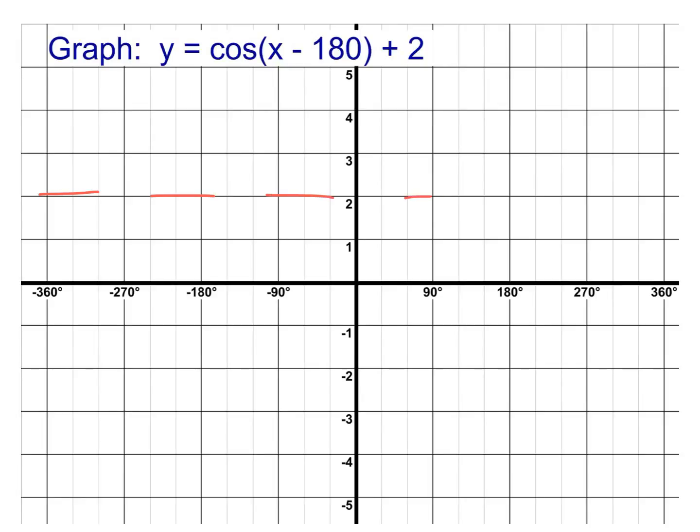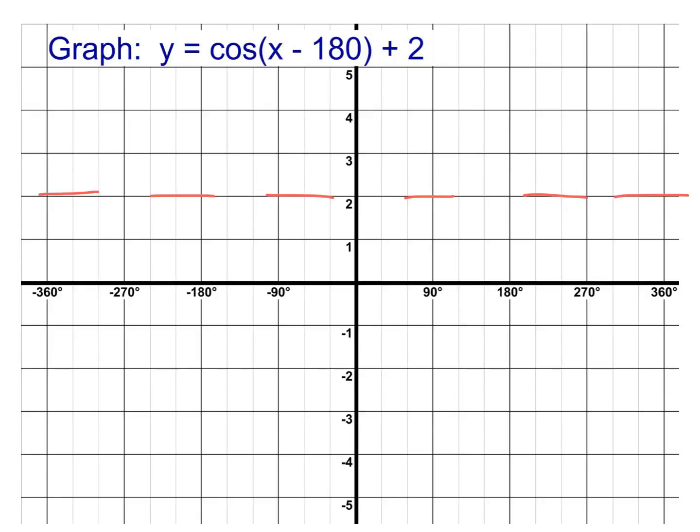So the first thing you do is draw in a dotted line up at 2. As you draw in these guidelines, make sure they are dotted or dashed, not solid, because solid means it is the graph. These are the points that are part of the graph. Dotted just means it's a guide. Now normally with a cosine graph, I would be going up 1 and down 1 around that center line.